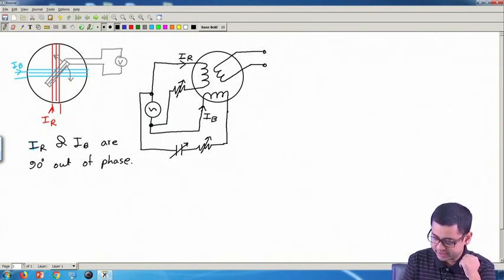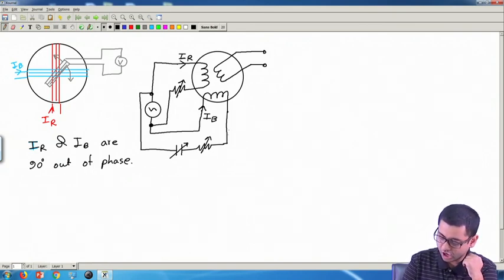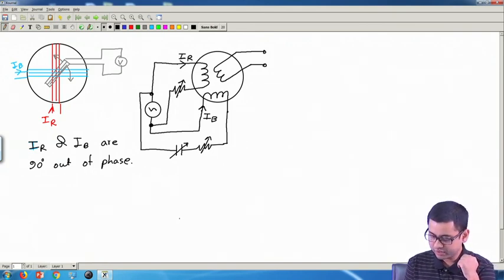So the function of this capacitor and resistance pair is to control the angle of this current. IR is like this EMF divided by the impedance of this circuit, which is this resistance plus this coil, which will have some inductance and also some resistance. So you divide this EMF by this resistance and inductance, and we will get IR.